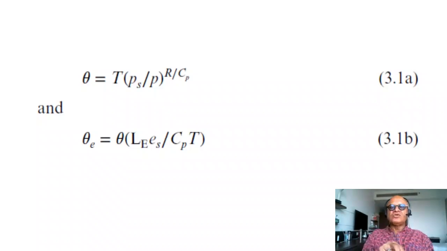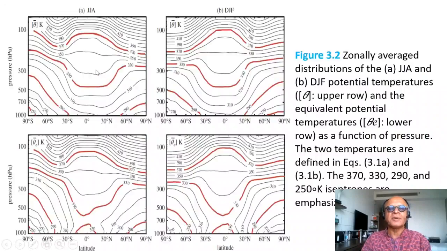Then we move it down again to the reference pressure. Obviously, because of the presence of water vapor and the release of heat, you would expect the equivalent potential temperature to be warmer than the potential temperature of the dry air parcel.